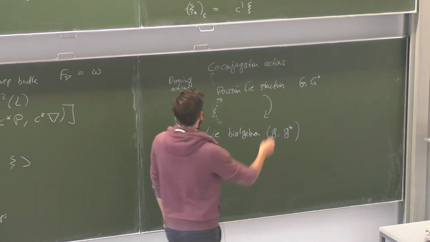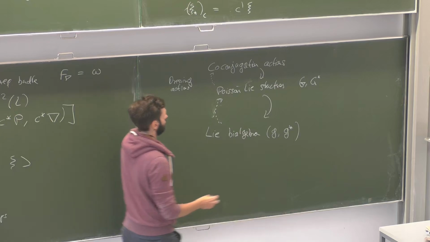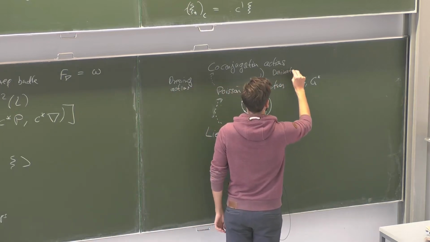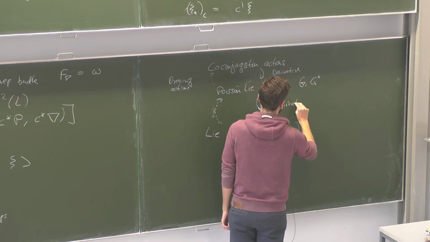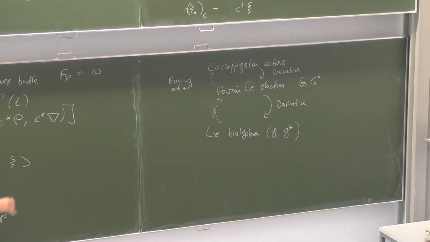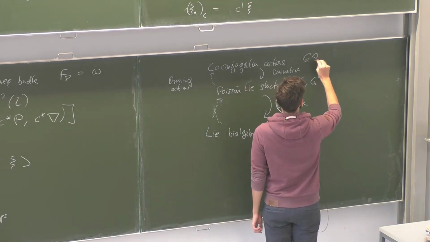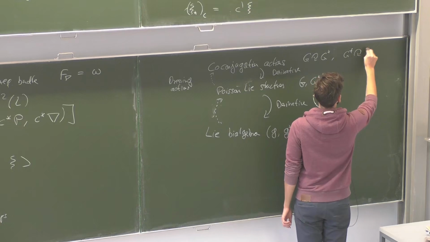And there's a general structure that you can take the derivative. You can take the derivative of these conjugation actions. So that would be actions of D onto a dual, and similarly of the dual onto the group.